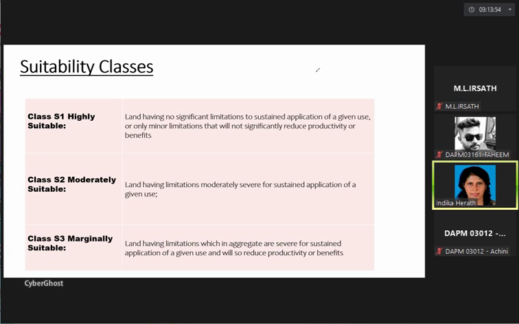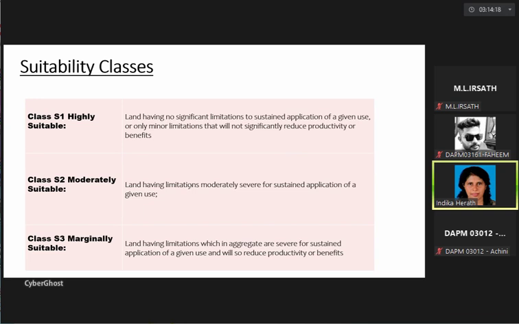But when it comes to class 2, you can see the limitation. It is limited to moderately severe or certain suitable applications. There are certain situations where you can't change it.